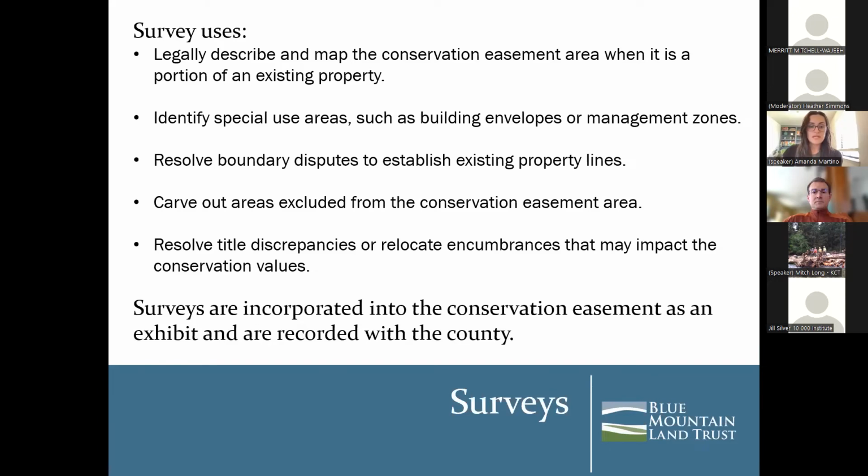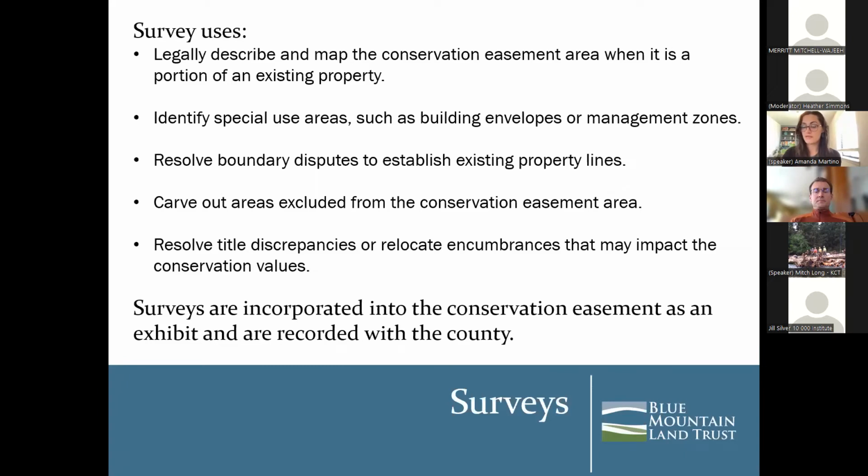So we also need to survey any areas of use and any potential property boundary issues. A survey is really important for legally describing and mapping the conservation easement area, especially if the easement is only going to cover a portion of an entire property.